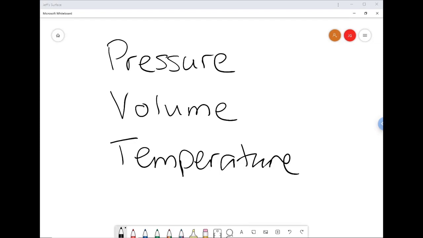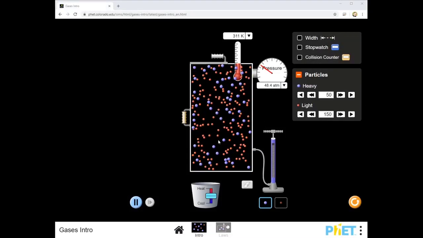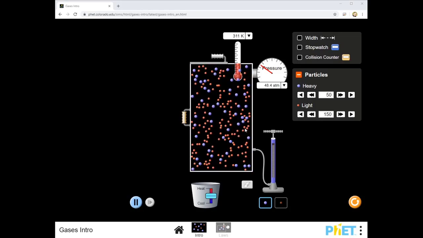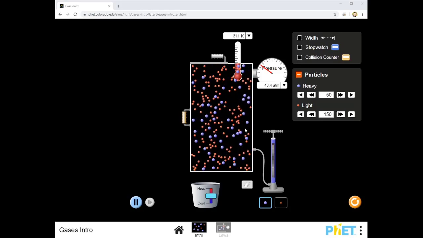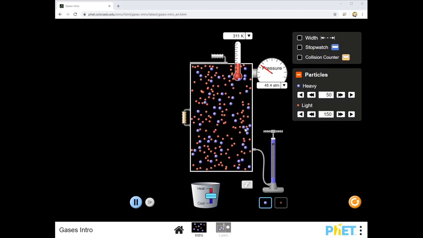So I'm looking at the comments while I'm writing here, and I'll try to answer some of them. So someone asked, what's the difference between the two types of molecules in my simulation over here? Someone says, what's the difference between the reds and the blues? And in the simulation, the only difference is the reds are smaller than the blues. So I'll give you a real example. There's different kinds of gases.